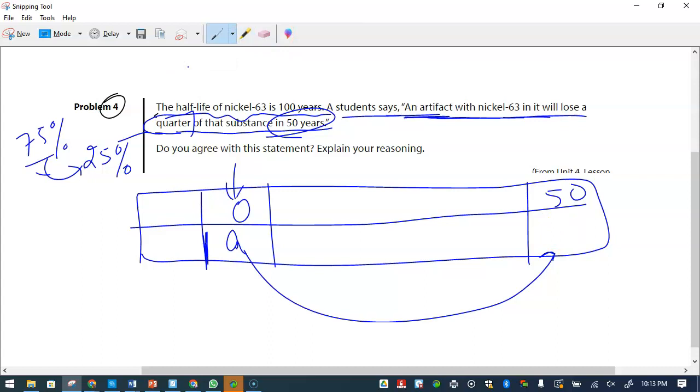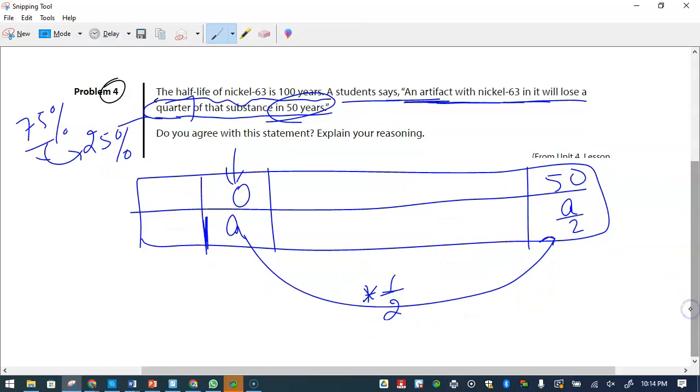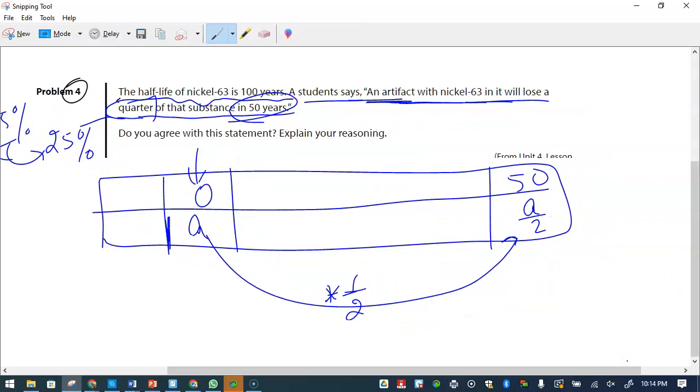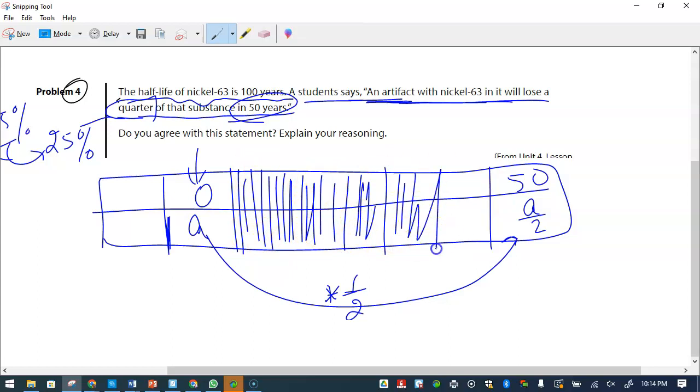So this becomes A by 2. So it means you are multiplying by half. Now the question is, we want to know about 50 years.